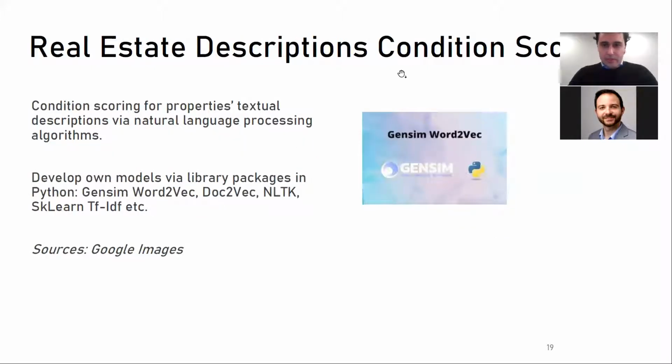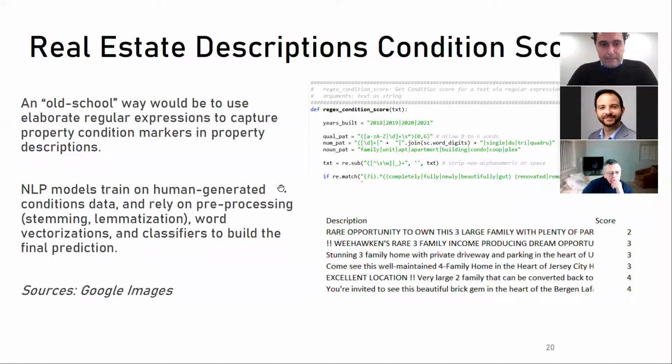So if we take the example of real estate descriptions, condition scoring via NLP, some of the packages in Python that are useful are, again, Word2Vec, Doc2Vec, NLTK, and TF-IDF. I've done this on my end in two different ways. One is the old school way, regular expressions.